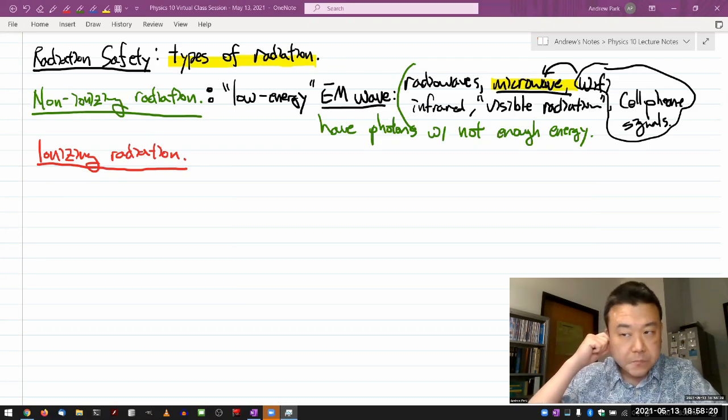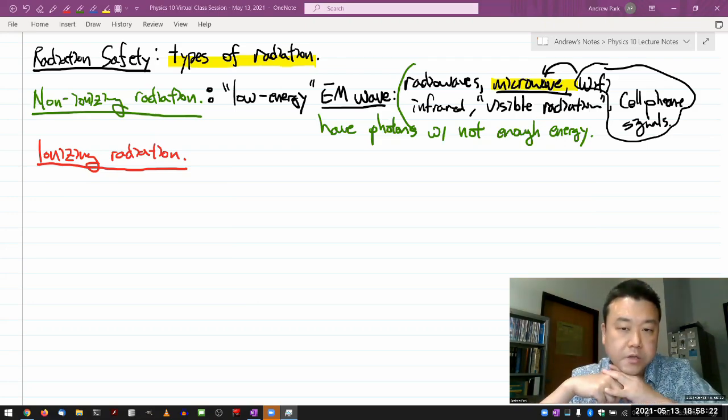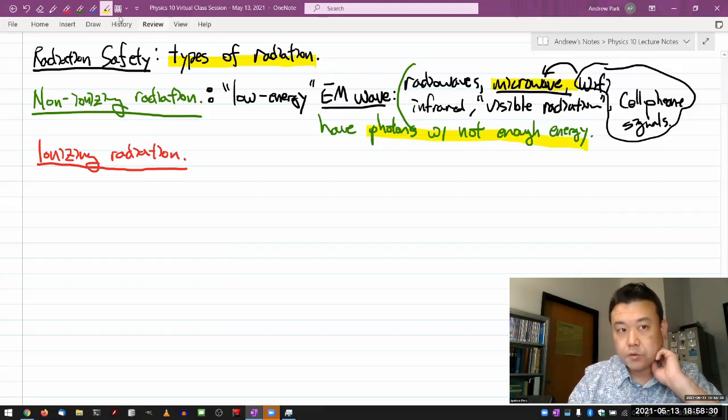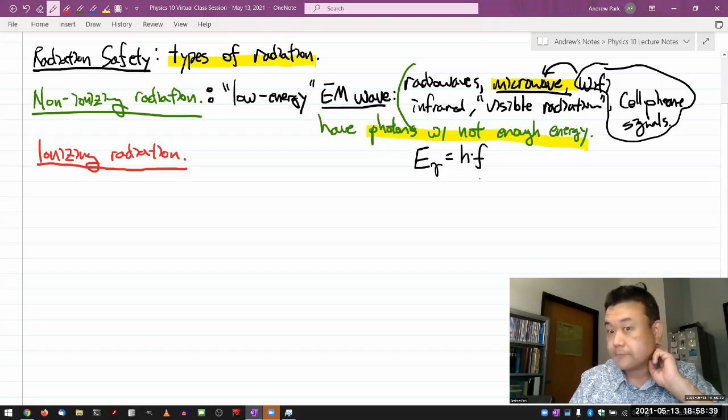So with the lasers, the kind of power that you are worried about is slightly different, because when I say photons with not enough energy, I literally mean photons in the quantum mechanical sense. You saw this expression, energy of photon is Planck's constant times the frequency.